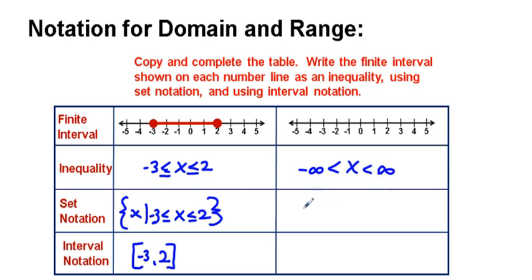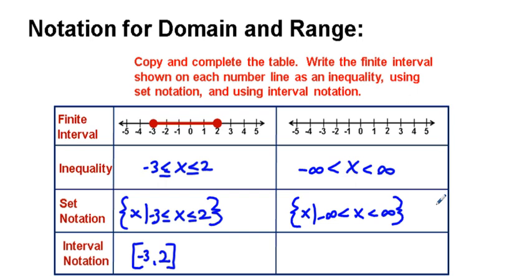Okay, so in set notation, we have x such that x is greater than negative infinity, but less than infinity. And also you have the script R, all real numbers.